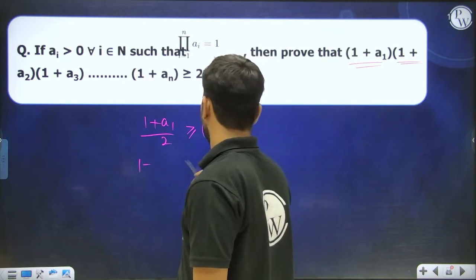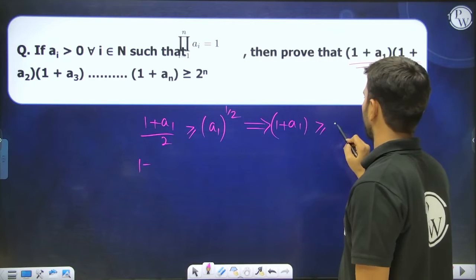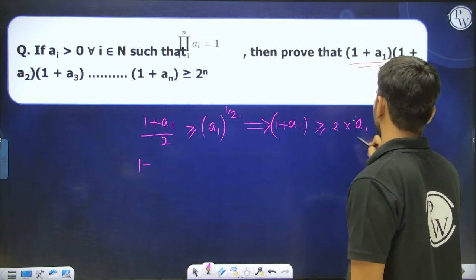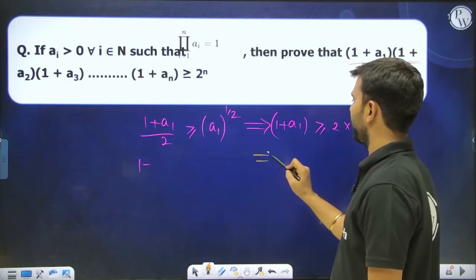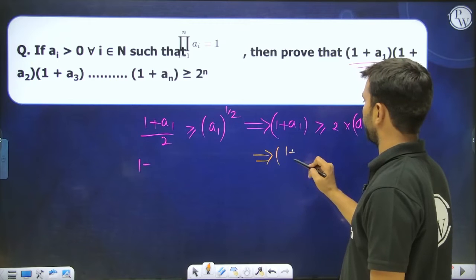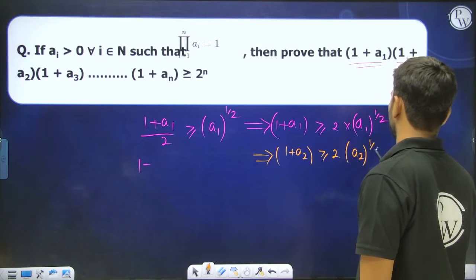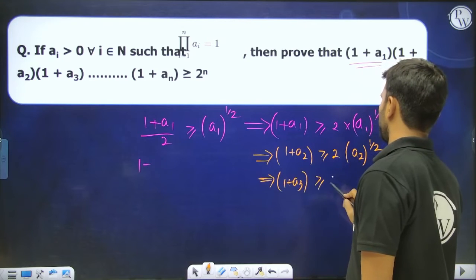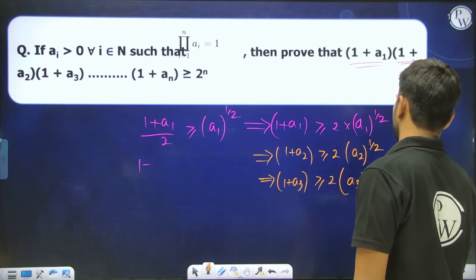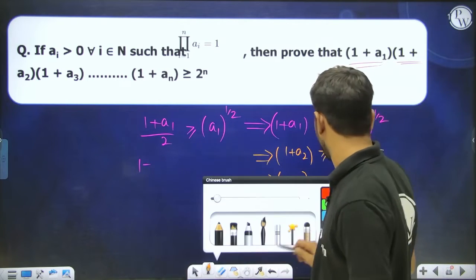Then we can simply write it as 1 plus a1 is greater than or equal to 2 into a1 to the power 1 by 2. Then simply doing the things further, we can write 1 plus a2 will be greater than or equal to 2 times a2 to the power 1 by 2. Then 1 plus a3 is greater than or equal to 2 times a3 to the power 1 by 2, and so on.